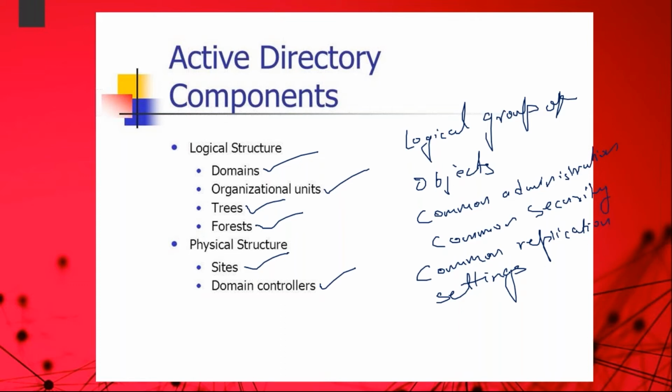Replication is the transfer or updating of Active Directory objects from one domain controller to another, because we want centralized management and consistency between the domain controllers. That's why we do the replication.